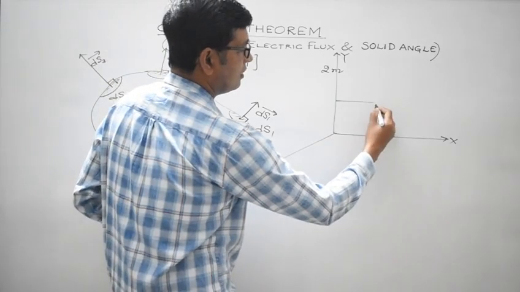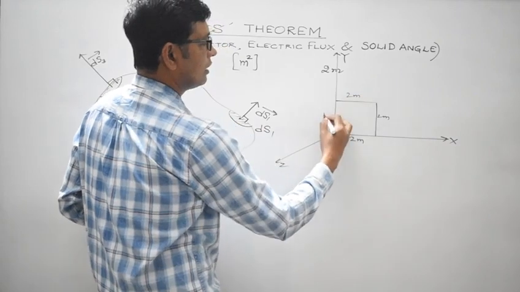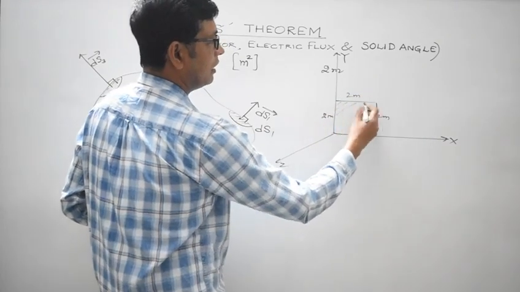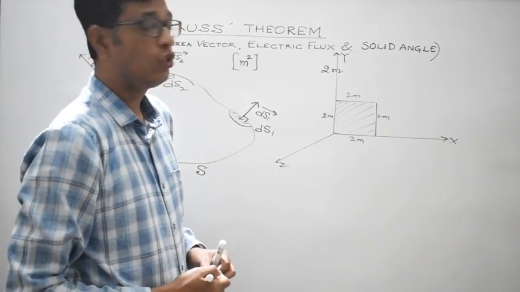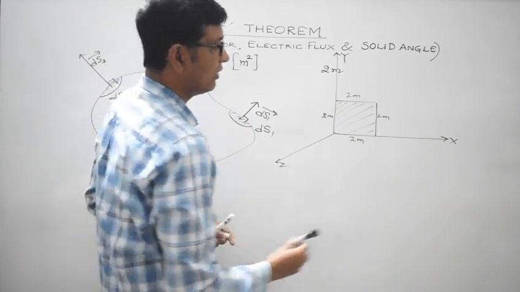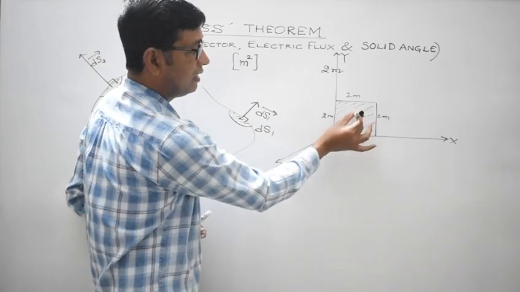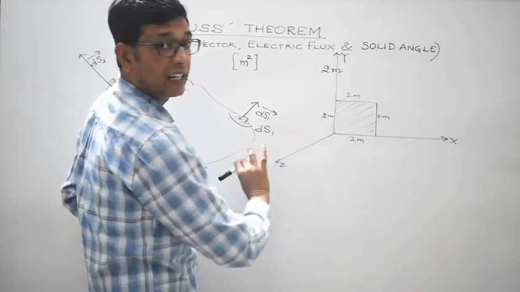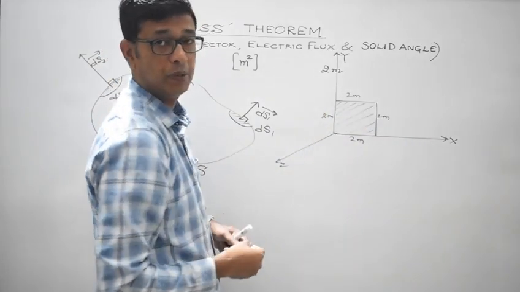This is a square of side 2 meter and it is lying in the XY plane. This is the area under consideration. We need to represent its area vector. So area vector of this would be perpendicular to this surface and in the outward direction. That is towards Z axis. Z axis is in the outward. All the three are mutually perpendicular to each other, right?